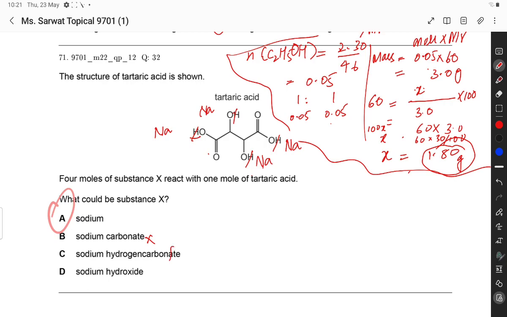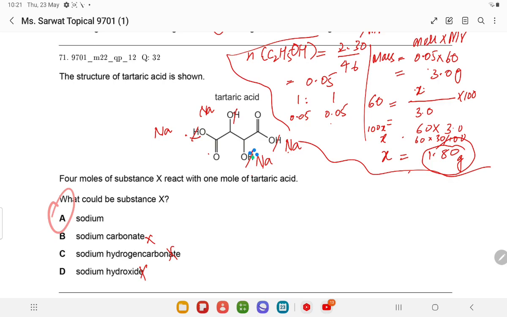And sodium hydroxide also reacts with the carboxylic acid. There are 2 carboxylic acid groups in this compound, but sodium hydroxide cannot react with alcohol. So that's why this is also incorrect, and option A is correct.